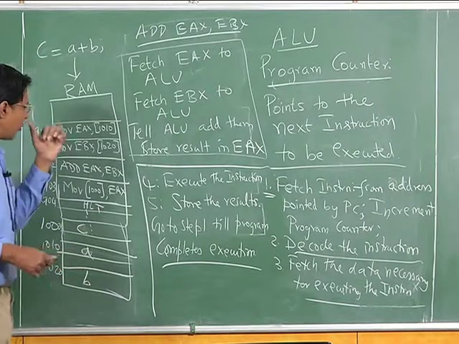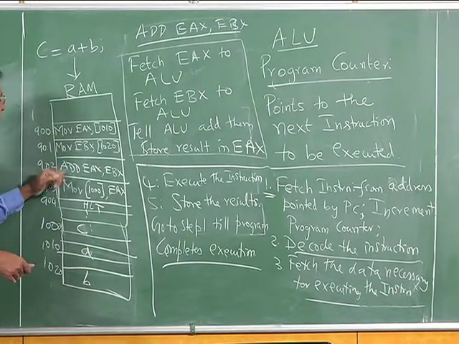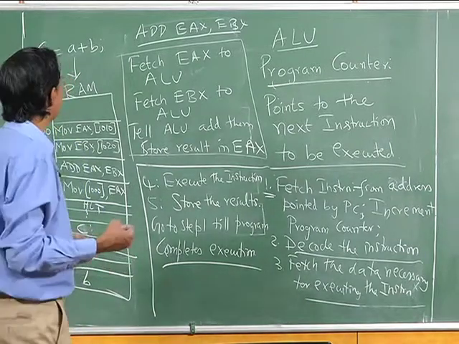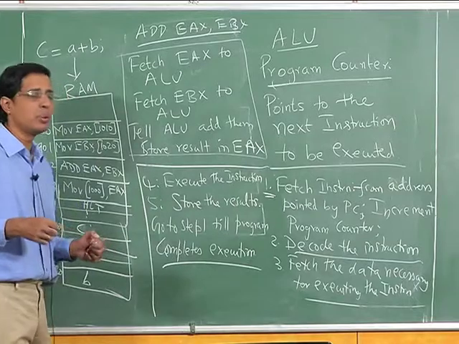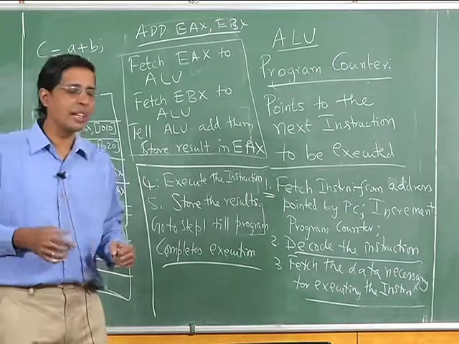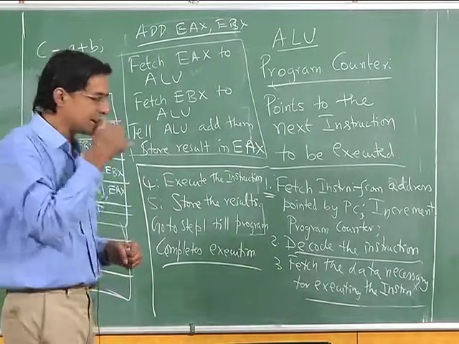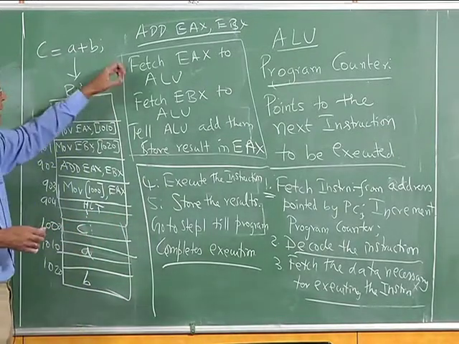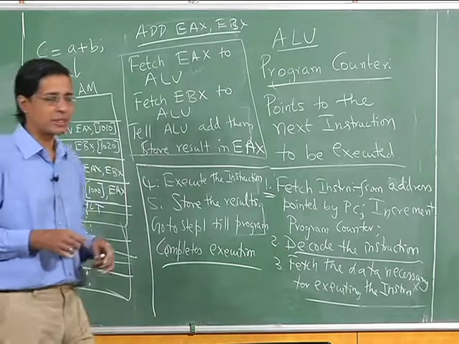So for every assembly instruction that you see, a small set of actions would be carried out by the ALU to execute that assembly instruction, and those are called micro instructions.